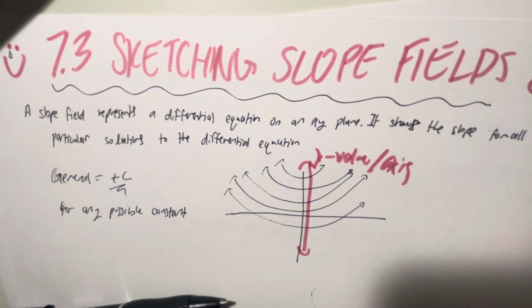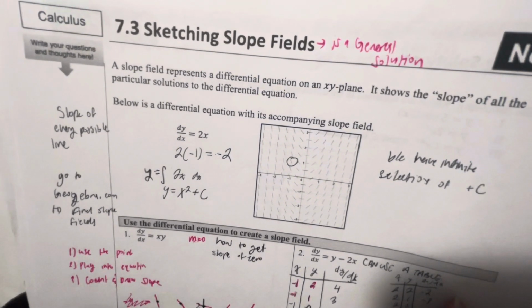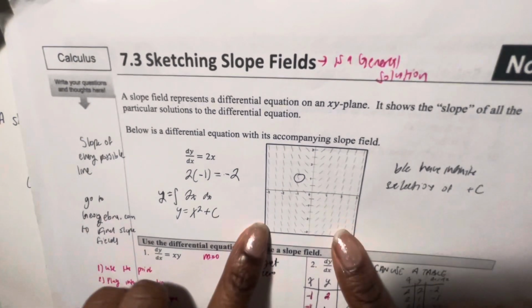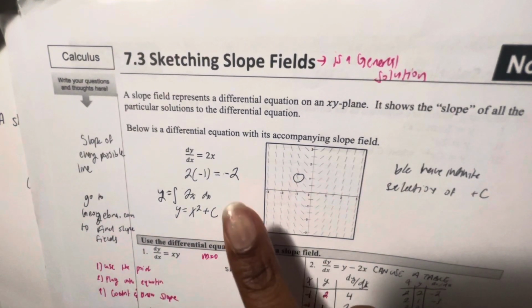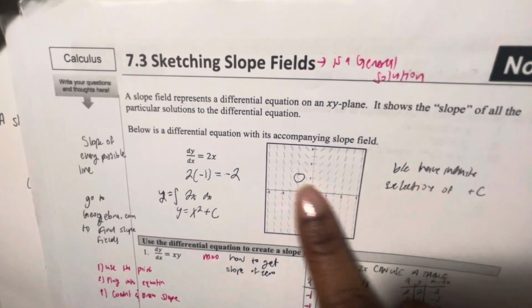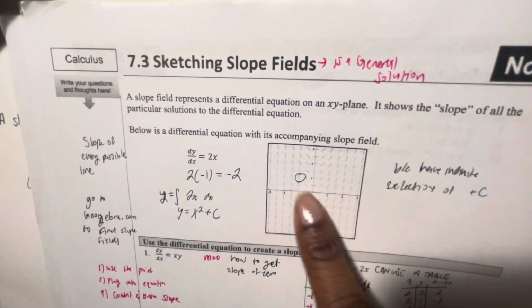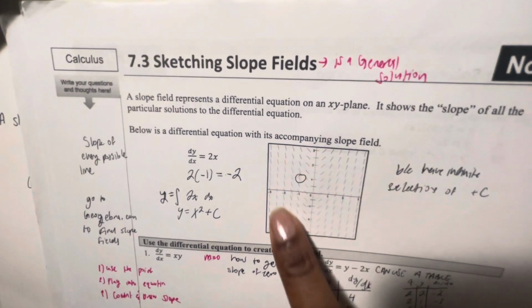And so I'm going to pull out my own notes I took. As you can see here, below is a differential equation with its accompanying slope field. Because we have infinite selections of c, every single one of these points is giving you a possible option for this graph.